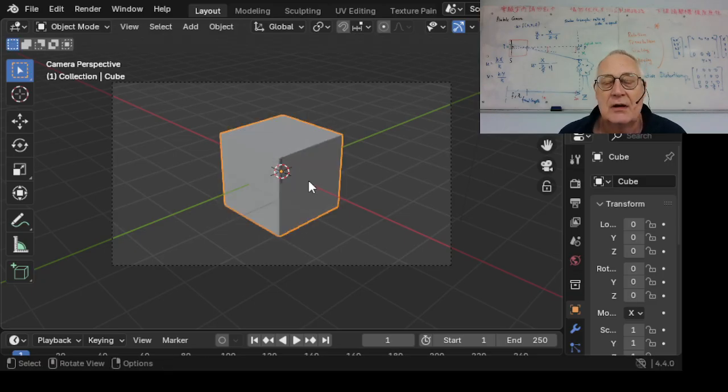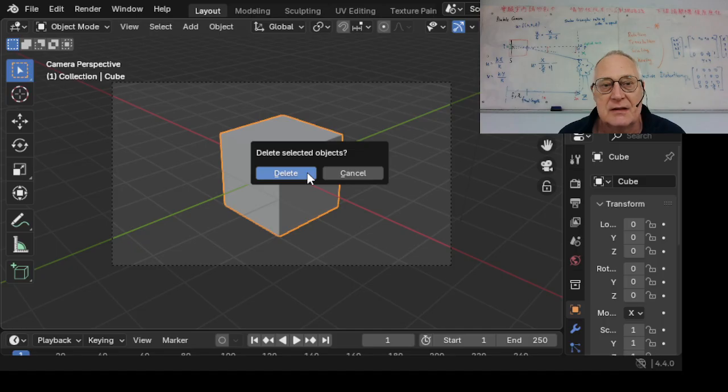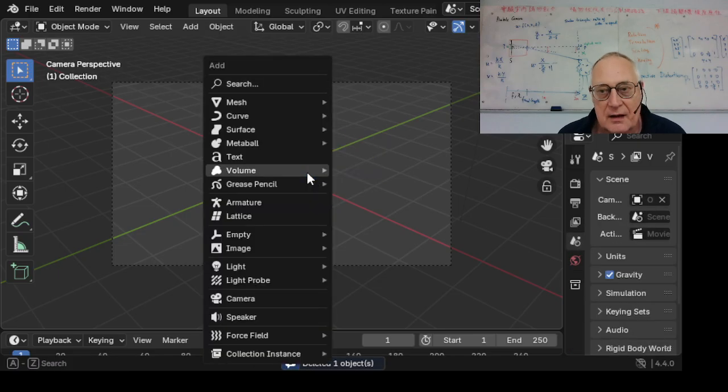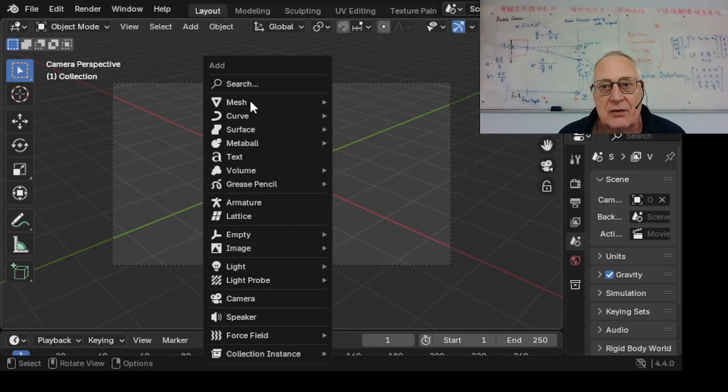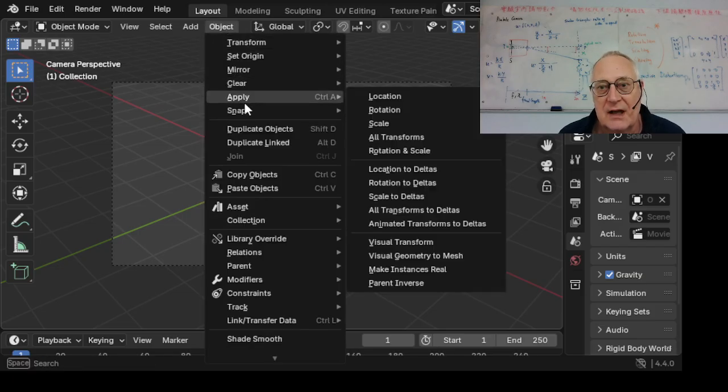Now for our problem, where we have a ground floor and we just want to show a card, this is actually easier. We can take an object, X to delete it, and then I want to add an image, so Shift A to add, or add object.